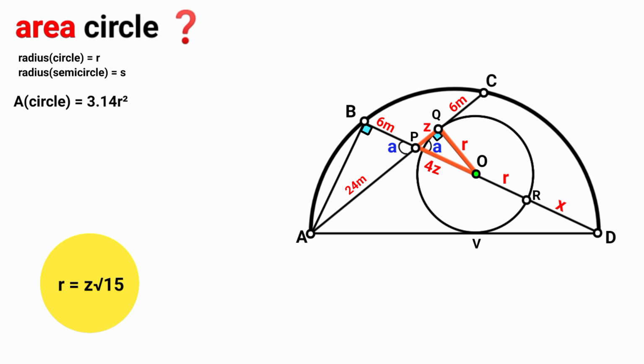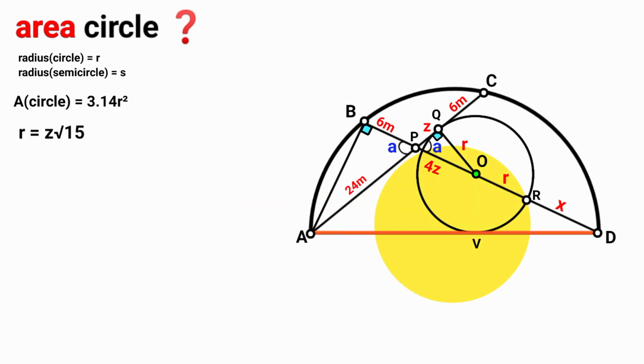Keep it aside. Look at this line AD. It is also a tangent at this point V. Based on the rule we mentioned earlier, if we draw the radius to the point of contact, the angle formed will be a right angle. Look at this quadrilateral. We have a pair of equal adjacent sides, that is this and this. Both sides are at right angles with the other two sides.